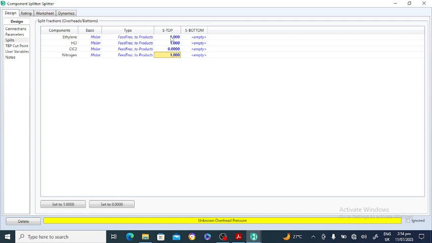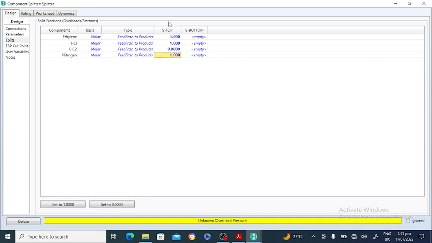Okay. Ethylene is 0 in the top, and all other components are present. Overhead mole fraction. So if you have information about the overhead mole fraction, like ethylene 0.45 or some other, you can put that.